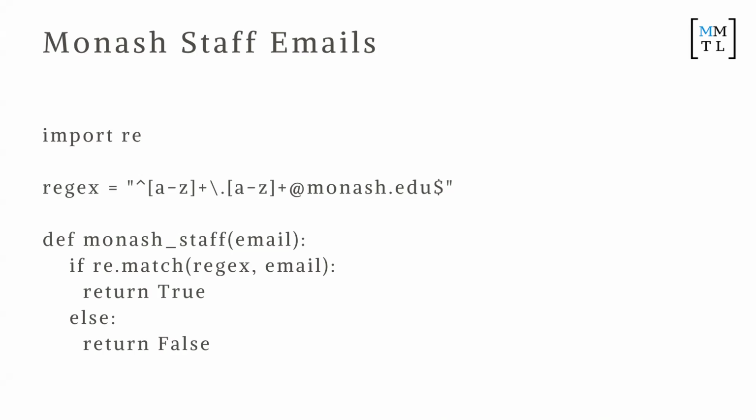In this case, if you take a look at the function on the left, we have def func email, if re.match regex email, return true, else return false. Now, this function has unusual behavior. If you write this out, it actually returns a Boolean, as you can see.